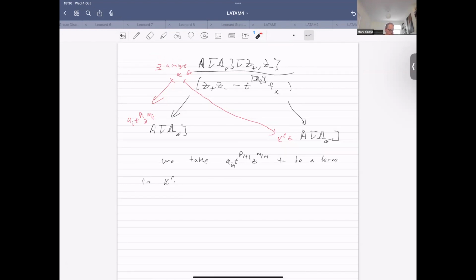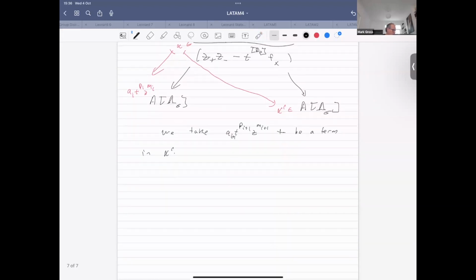I'm going to do an example in a minute, but I want to finish one key definition. Okay, so definition, and this is really the key point we're getting at. Let X be a point in B0.